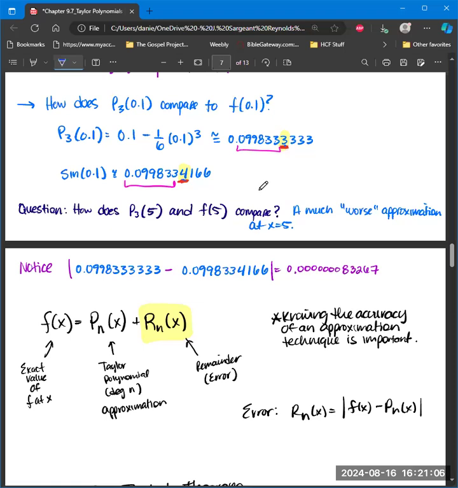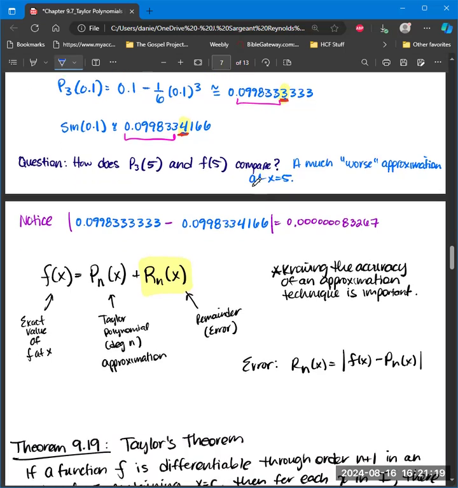So how does P3 of 5 and f of 5 compare? Not going to be so good, because 5 is so far away from 0, right? It's a much worse approximation at x equals 5. This is how we actually find the error: we take the difference between the two and find the absolute value.